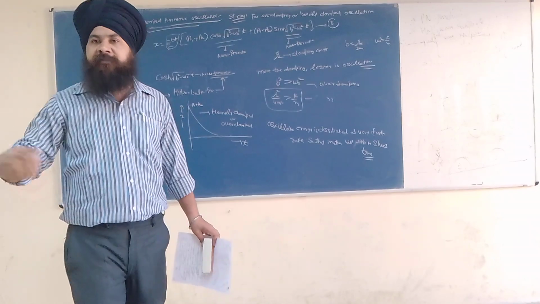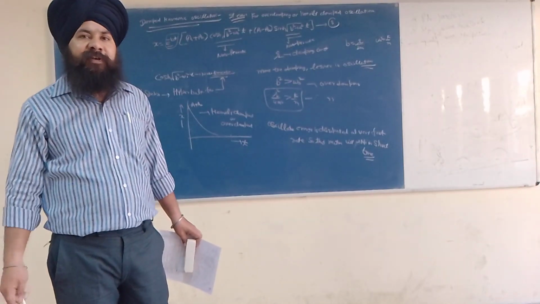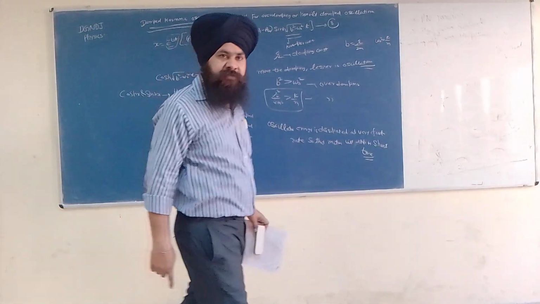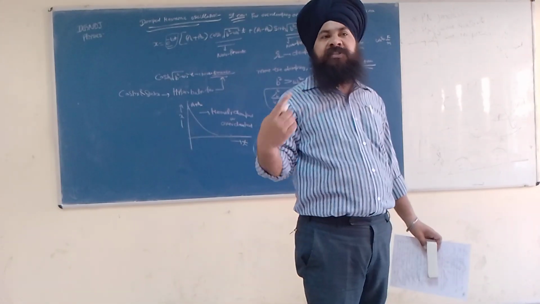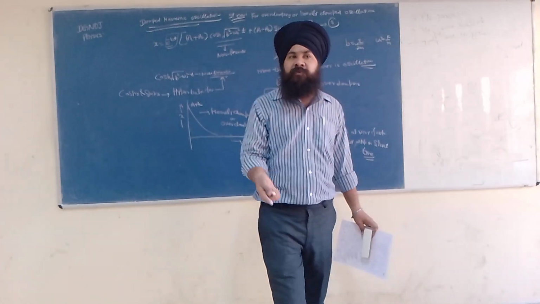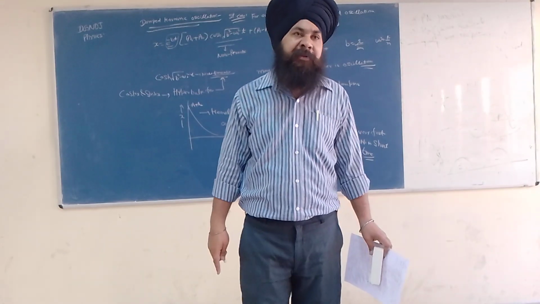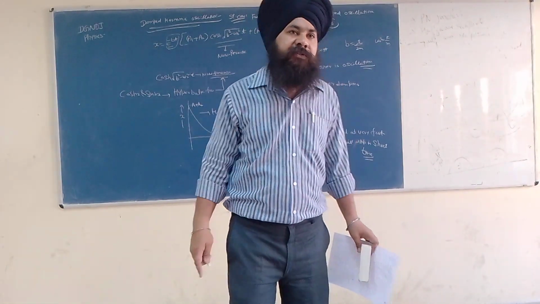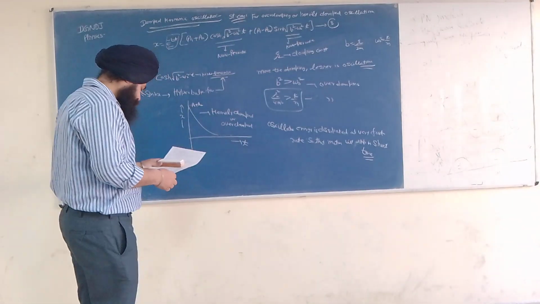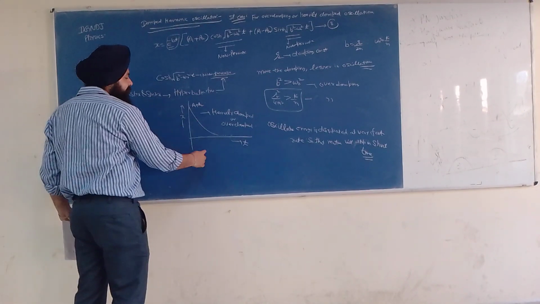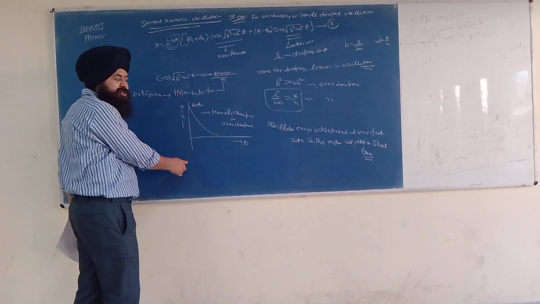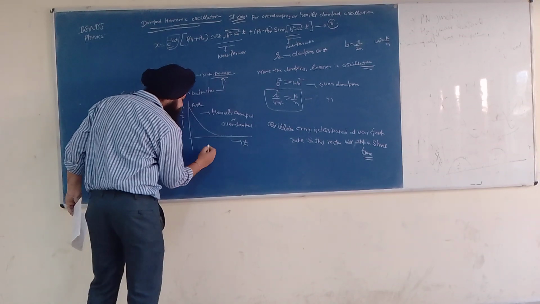After a short time, what will happen? The oscillations will die out. When the oscillations die out, what is the amplitude? Amplitude becomes 0. So this is the variation you can write. This is the graph of variation of x versus t.